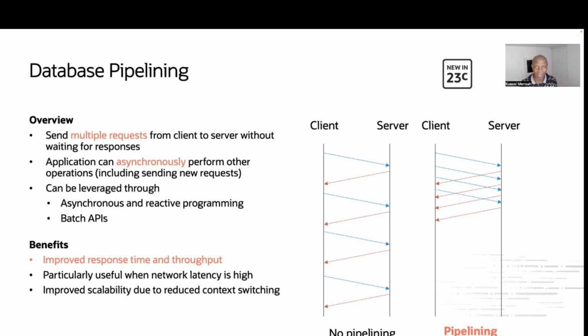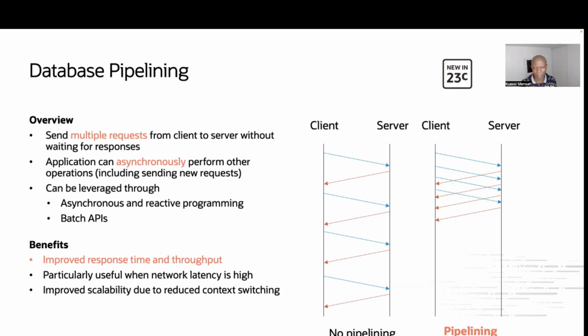Now, with pipelining, you issue a request and you return immediately. You don't wait for the database response. This way, since control is returned back to the requester, you can use your time to issue another database request or do something else. And when the response from the database is ready, you will receive the response.